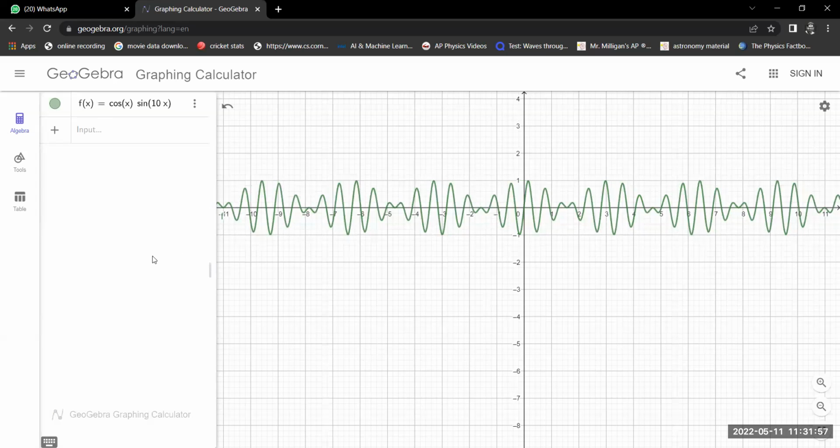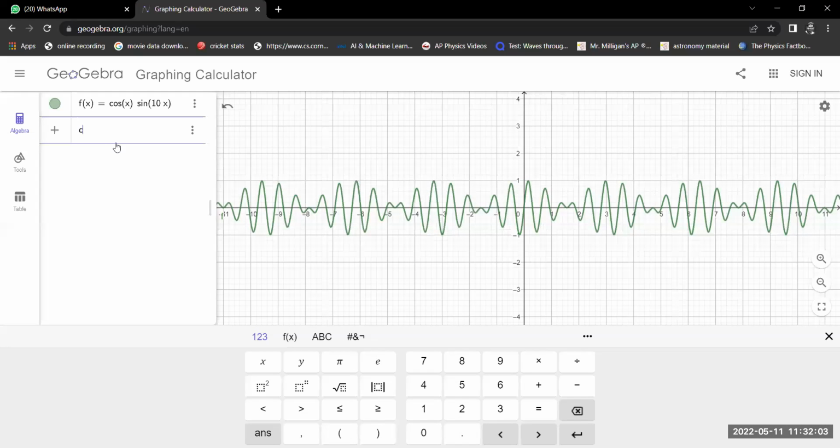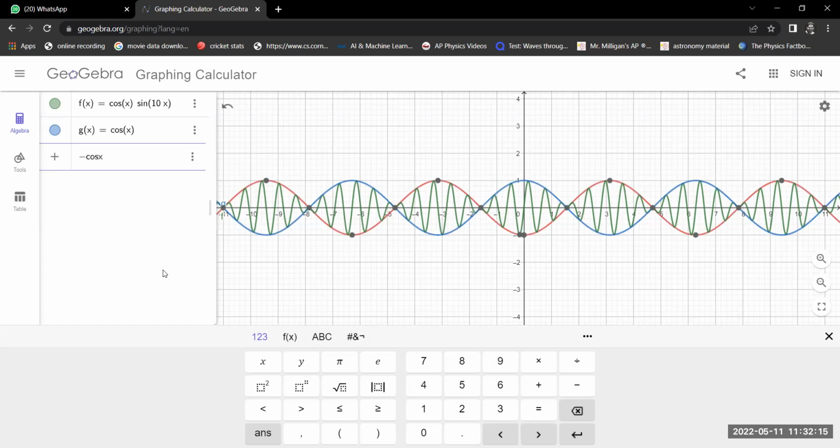So if it is cos x and sine 10x, let me draw a separate cos x, and then let me draw one more, minus cos x. Then you can see the graph is oscillating between the smaller variation amplitudes, right?